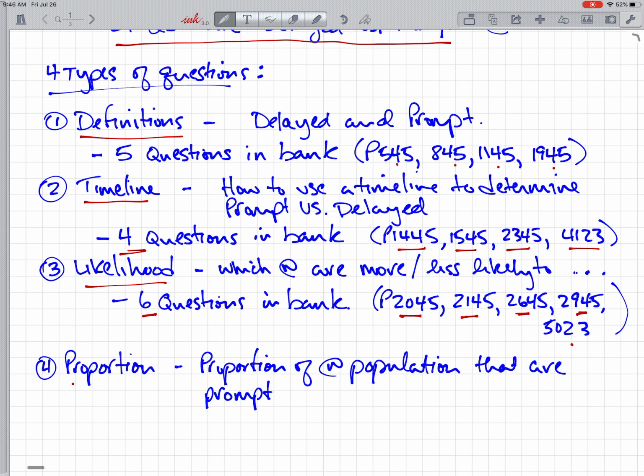And then the last of the 4 types of questions for neutrons is going to be proportion: what are the proportions of a given set of neutrons? It's basically a definition question, but it's telling you that 99.36% of all U-235 fissions are prompt.